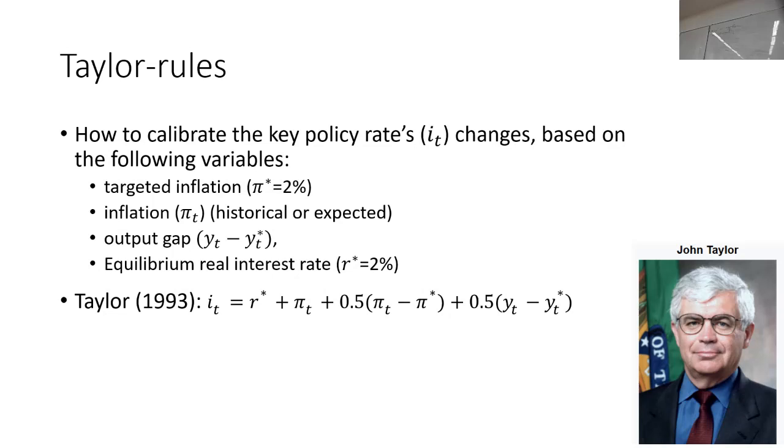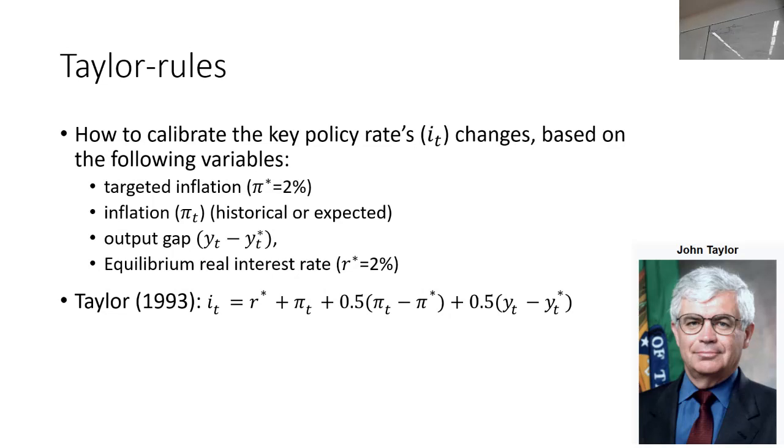Also, we should consider inflation, and another component when considering the deviation from the target. So this is the targeted inflation, the 2% here, and this can be the empirical inflation. In this case, we have a backward-looking model. In his time, it was a backward-looking model.